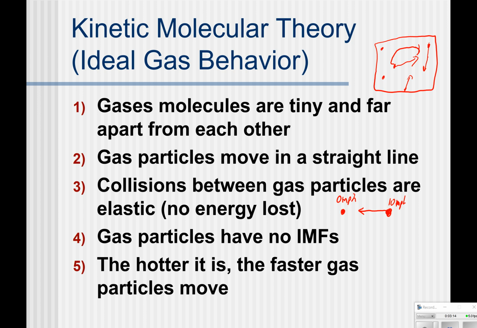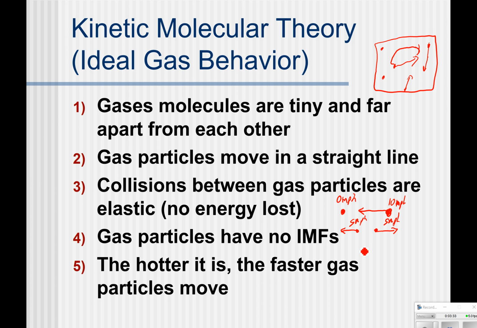The elastic collision means that when this 10 mile per hour particle or car hits the one at 0, and let's say they bounce off of each other, this one might be moving at 5 miles per hour and this one's moving at 5 miles per hour.